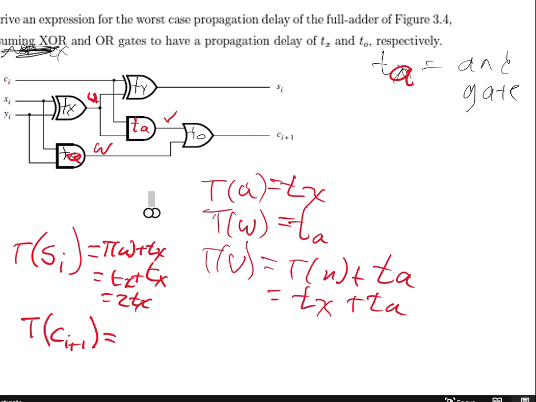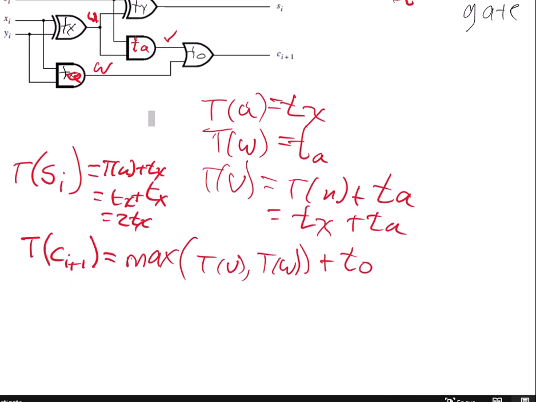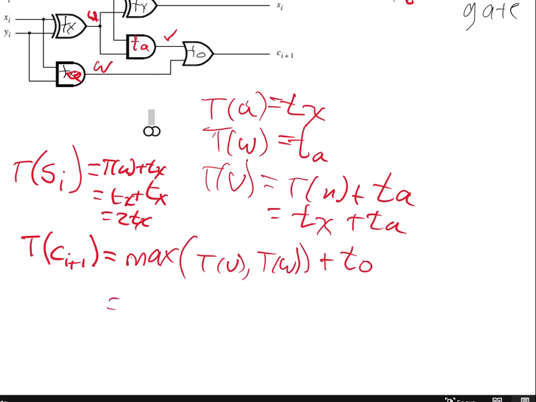So the time at Ci plus 1 is the max of the time of V and the time of W, plus the time of an OR gate, and this is the max.